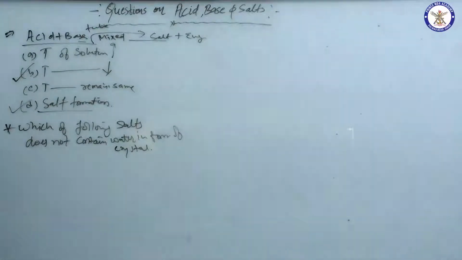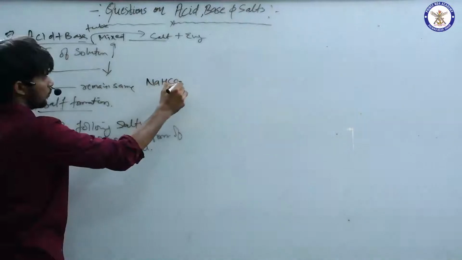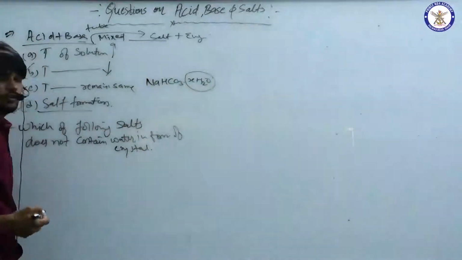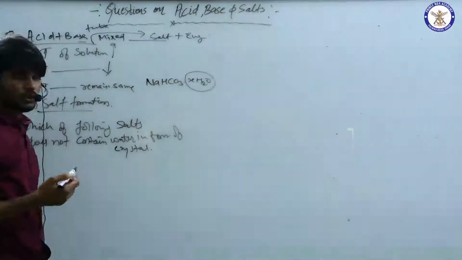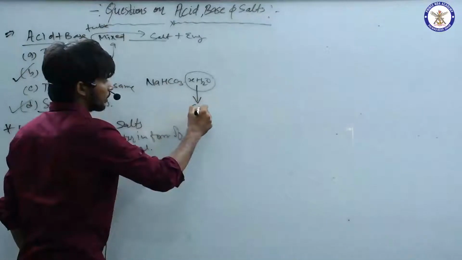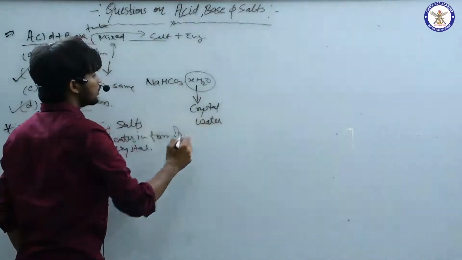In many examples you might have seen, when I write NaHCO3·XH2O, these dots with 5H2O, 10H2O, 24H2O, whatever, are said to be crystal water.